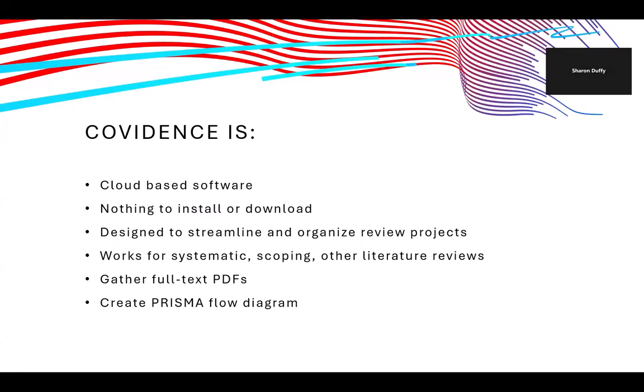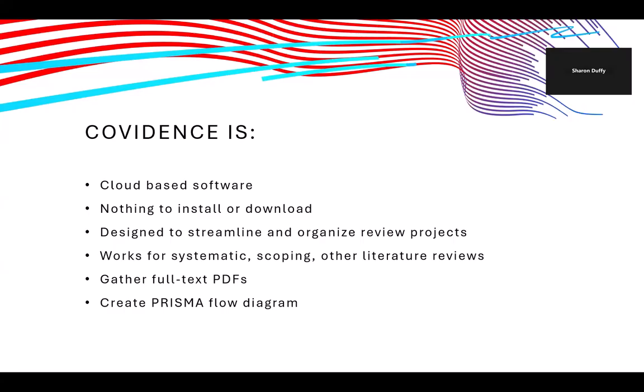You can use it for a wide range of literature review projects, from systematic to scoping to just another type of literature review. Maybe you're just doing a narrative review, but you want a way to organize your citations and identify the ones that are going to be most relevant. You can also use it for that.